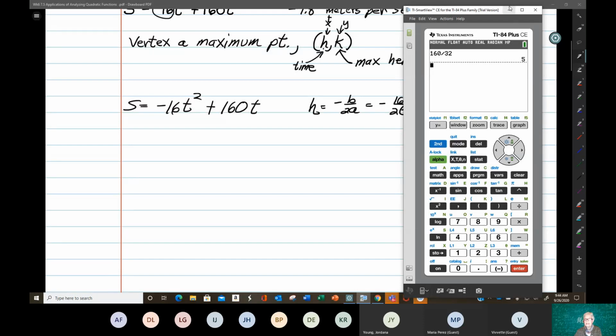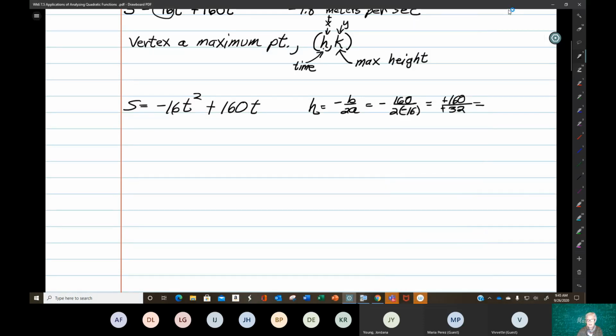Takes 5 seconds, because this is in feet per second. So 5 seconds is how long it takes.